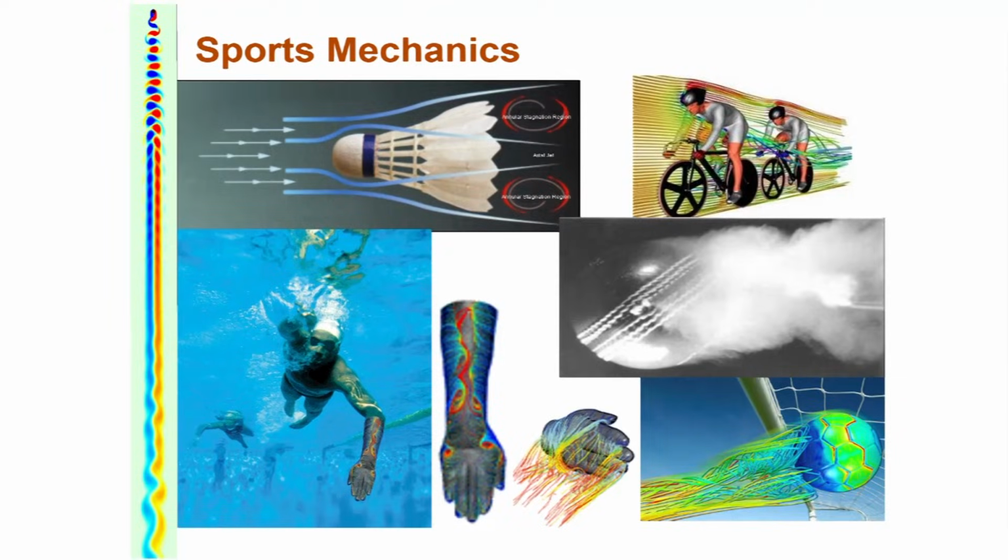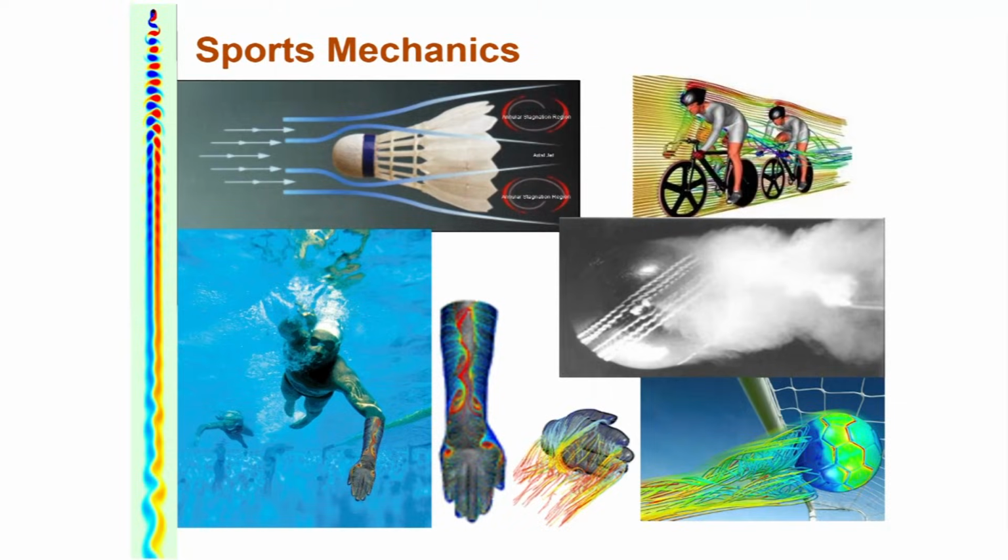Sports is another area where fluid mechanics can be understood very effectively. If you want to design badminton shuttlecocks to replace duck feather shuttlecocks, or if you want to win a race where I am a cyclist in the Olympics and I want to find out how far downstream of the upstream cyclist I should be, fluid mechanics can help me. Swing of a cricket ball or its reverse swing.